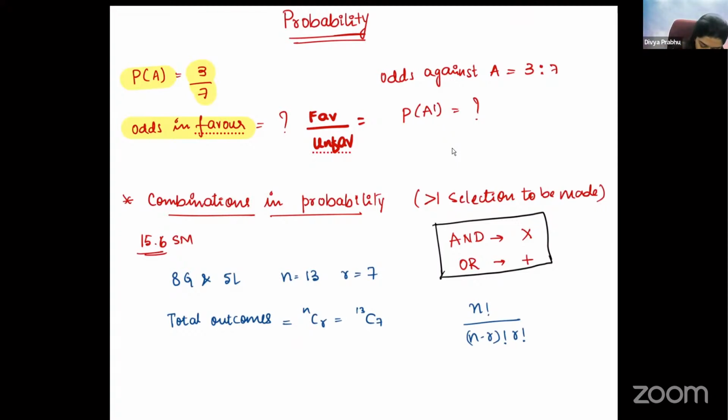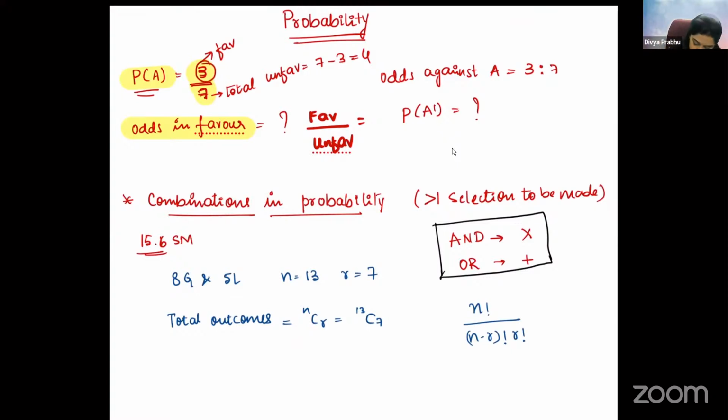See, probability of event A is given, which is 3 by 7. What is the formula of probability? Favorable by total. So, 3 is favorable, 7 is total. Out of total 7, if 3 is favorable, how much is unfavorable? 7 minus 3, which is 4. Now, as per the definition of odds in favor, we want favorable by unfavorable.